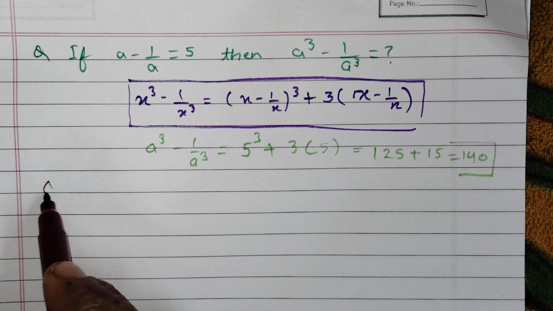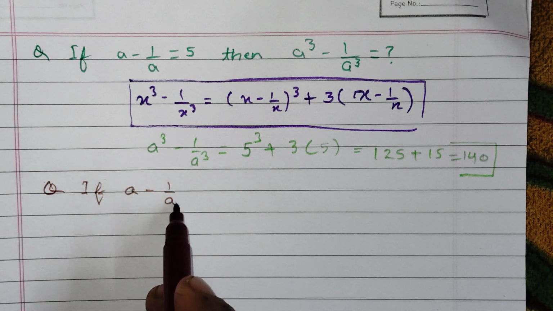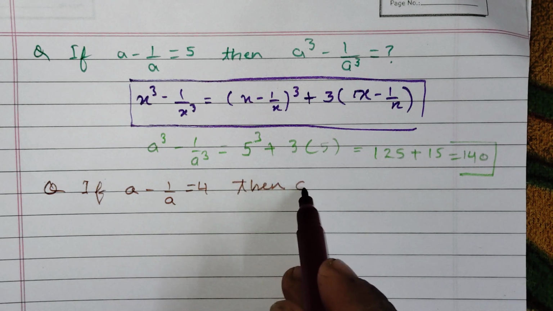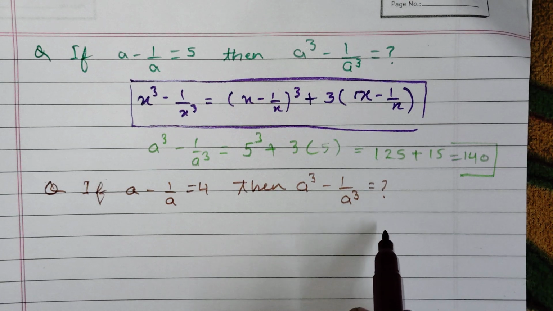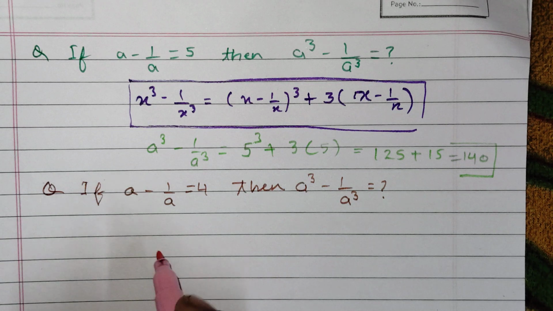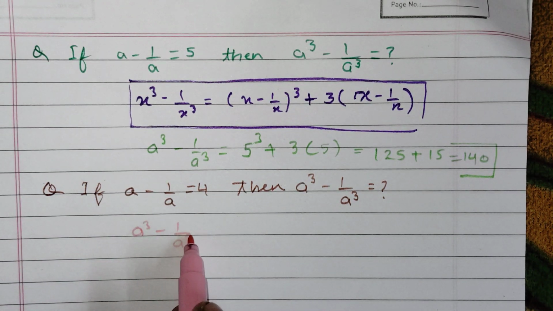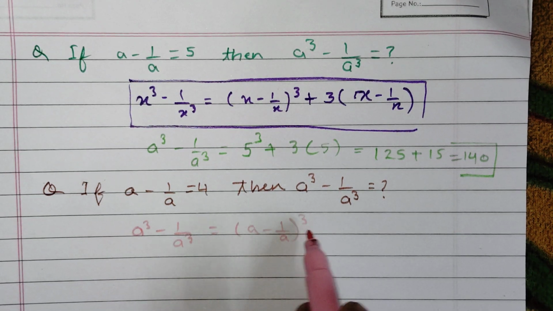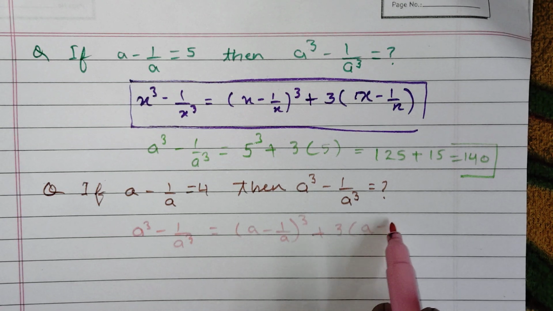Next question is, if a minus 1 upon a equal to 4, then find a cube minus 1 upon a cube. So here we use the identity again. The identity is, a cube minus 1 upon a cube is a minus 1 upon a whole cube, and then plus 3 times a minus 1 upon a.